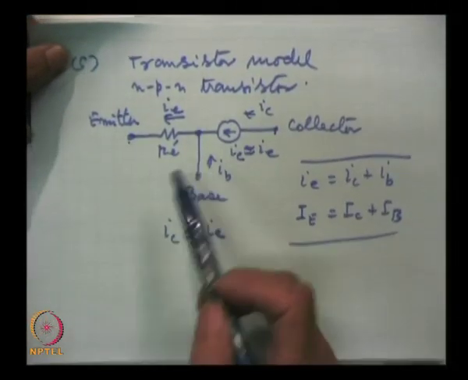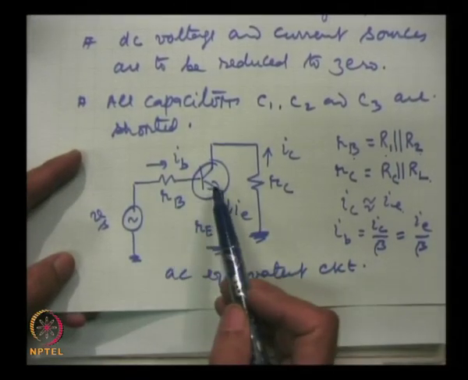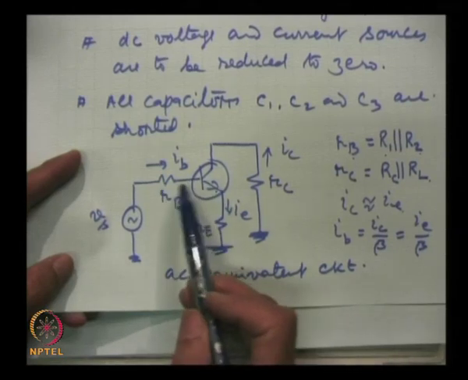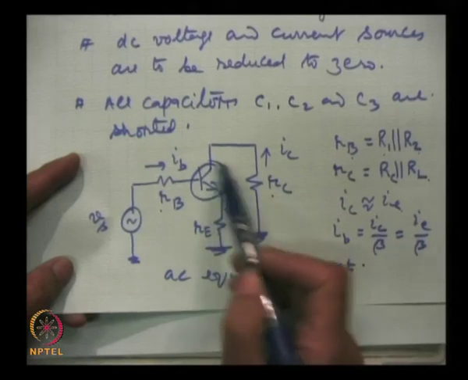This we arrived at when we discussed the transistors. So, now we replace this transistor in this AC equivalent circuit: we will keep RB, we will keep RE, we will keep RC, and this transistor we replace by that model. Then what we get is this.